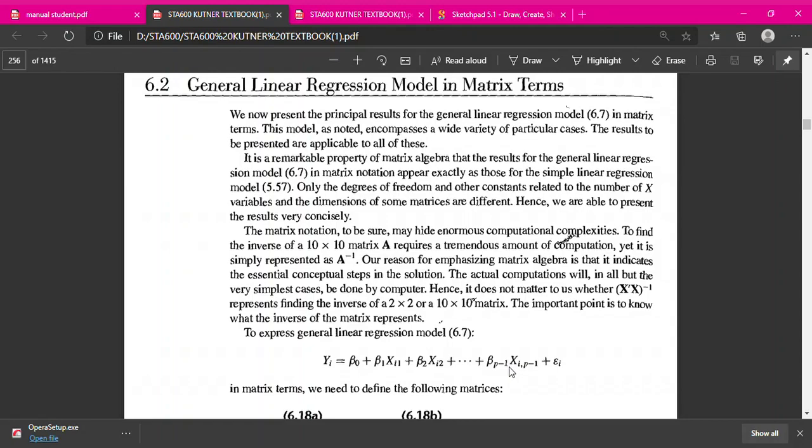So for the first method here, I will show how to use the matrix approach to find all the parameters.